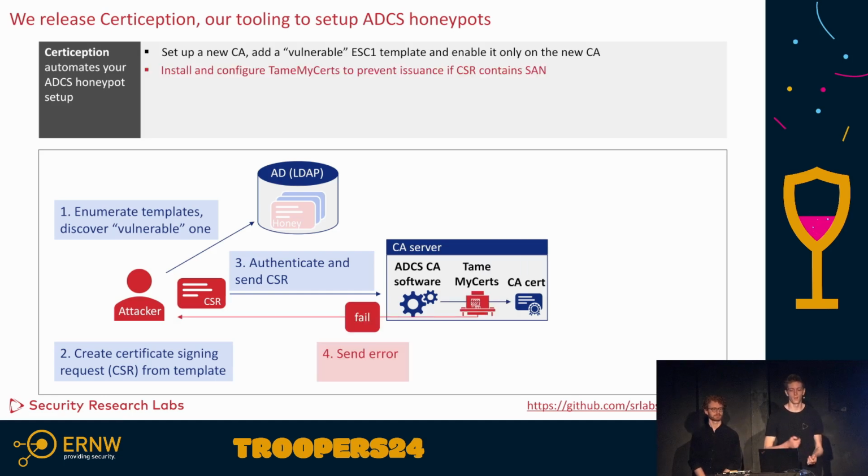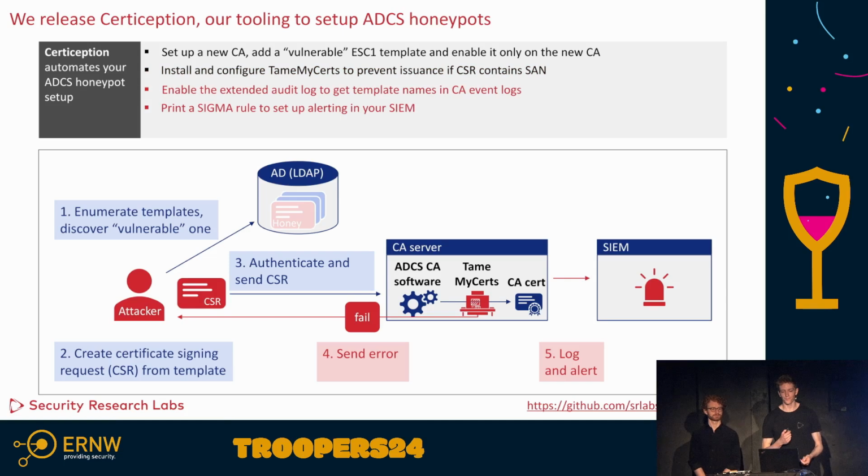It also installs and configures the TameMyCerts policy module in a way that makes sure ESC1 cannot actually be exploited, enables the extended audit log, and creates Sigma rules that you can import into your SIEM to get alerts.